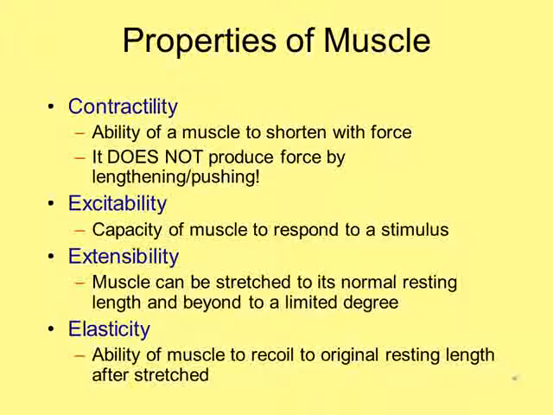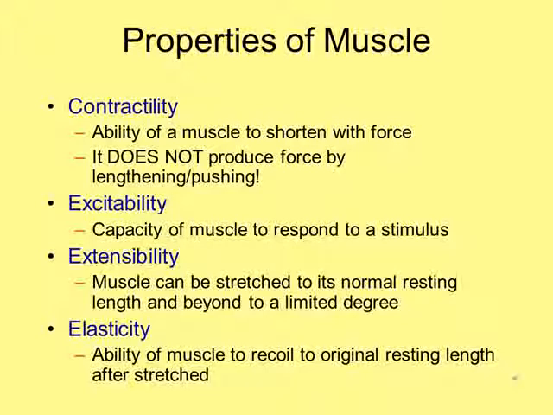So the third property is extensibility. Contractility and extensibility are antonyms to each other. In contractility, what I said was that the muscles can shorten themselves when force is applied.